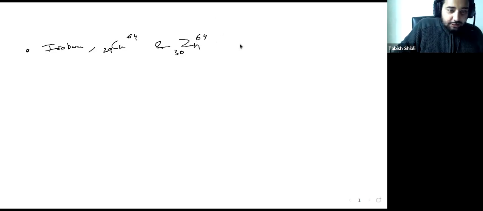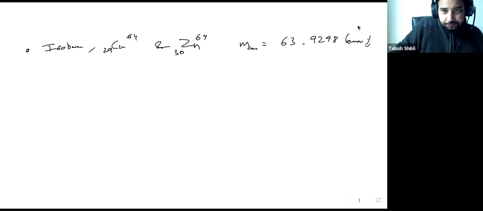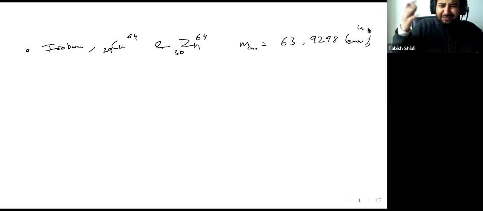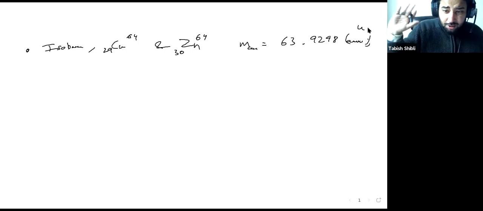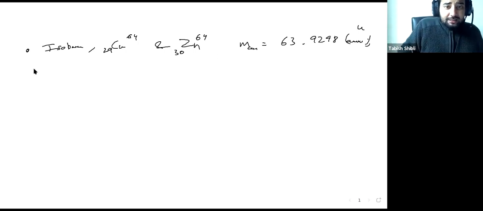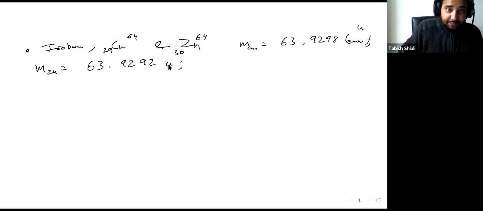The mass for copper is given to be 63.9298 atomic mass unit, or just U. Sometimes they just write U, sometimes they write amu, both mean exactly the same thing. And the mass of the zinc is given to be 63.9292 U, U meaning atomic mass unit, respectively.